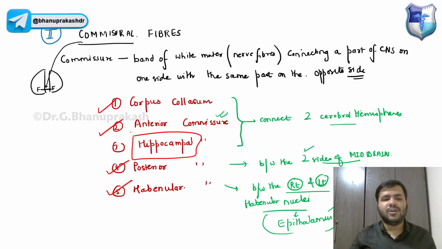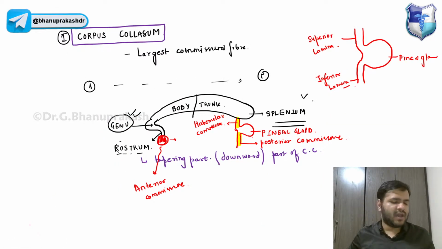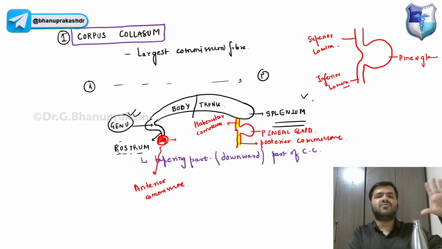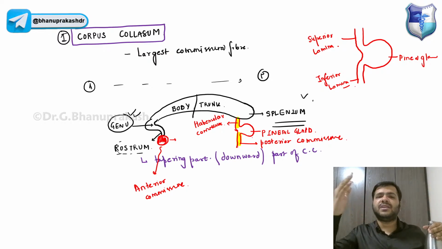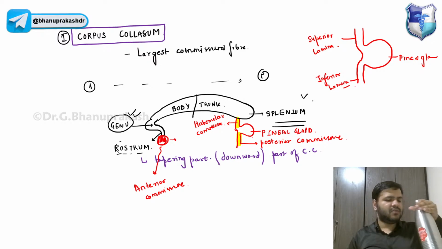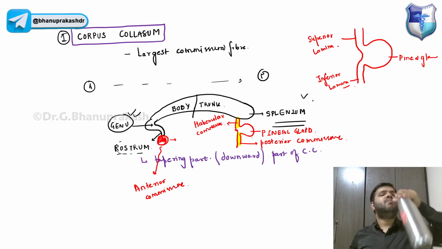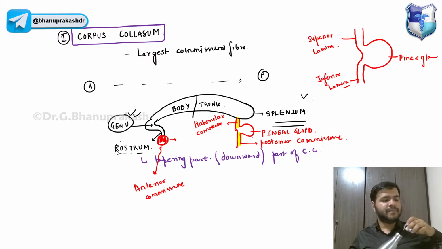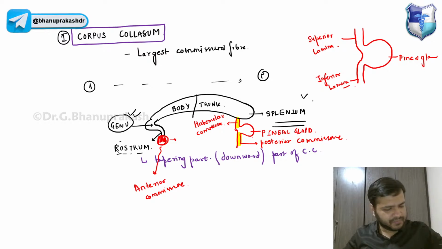Hippocampal is basically difficult to appreciate in this picture, but I will tell you. इतना क्लियर है सब लोगों को? फटाफट से एक थम्स अप दे दो if this is clear to everyone. कि हमें इतना पता चल गया कि पीनियल ग्लैंड के दो लेमिनास होते हैं, दो एक्सटेंशंस होते हैं, सुपीरियर और इंफीरियर. सुपीरियर वाले में हेबेन्युलर है और नीचे वाले में पोस्टीरियर कमीशन है. चलो, शकील वेरी गुड, सुधांशु वेरी गुड, राकेश वेरी गुड.